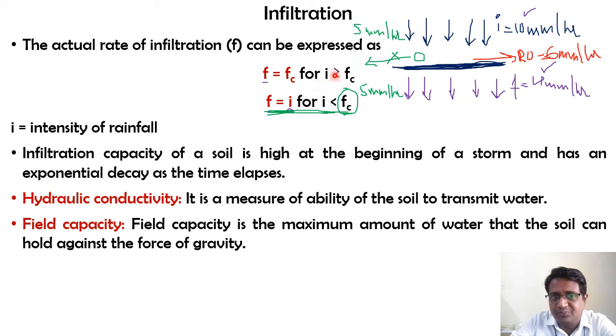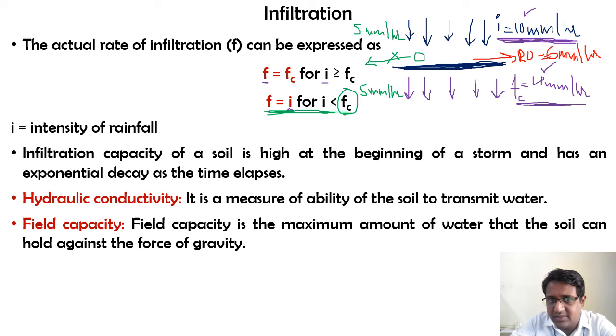For I greater than or equal to Fc, here for the sake of explanation, I'll make this Fc. At that point, the intensity of rainfall I is 10 mm, which is greater than or equal to the infiltration capacity. At that time what will happen?